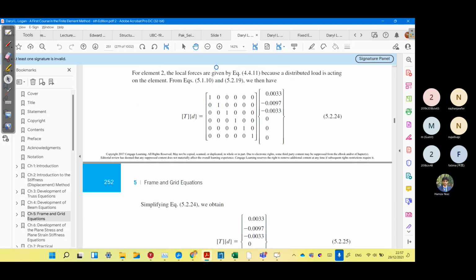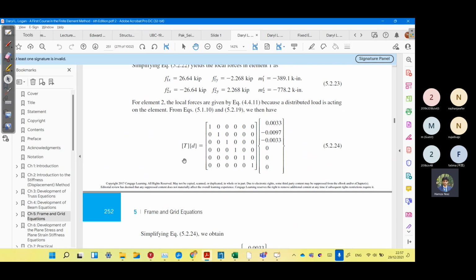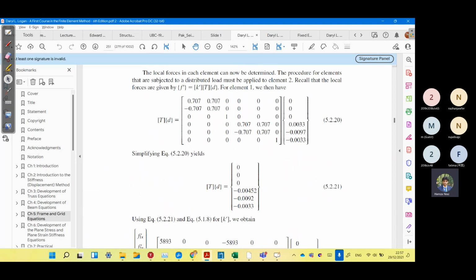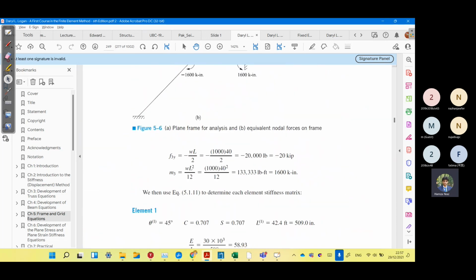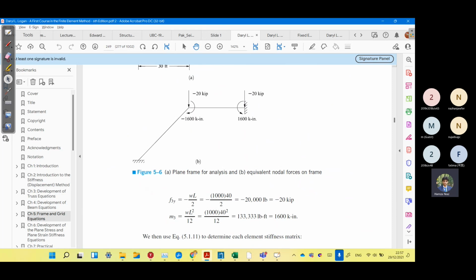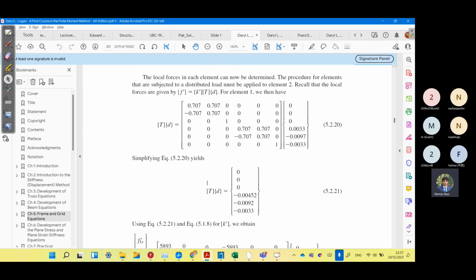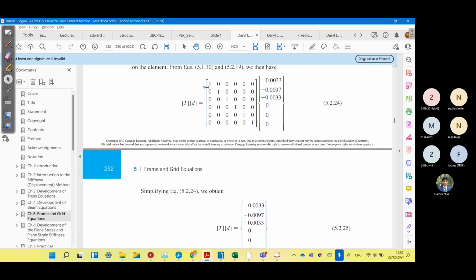This is not required actually because element number 2 has the same coordinates in global and local ones. So this is not needed, but it is still written. The answer would be the same.